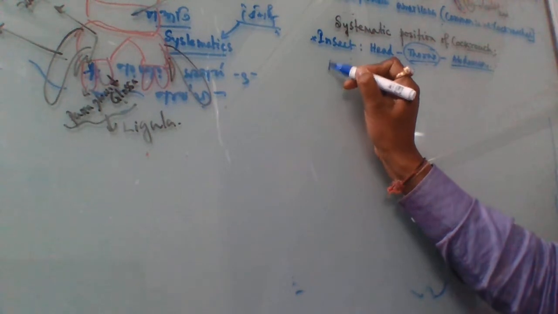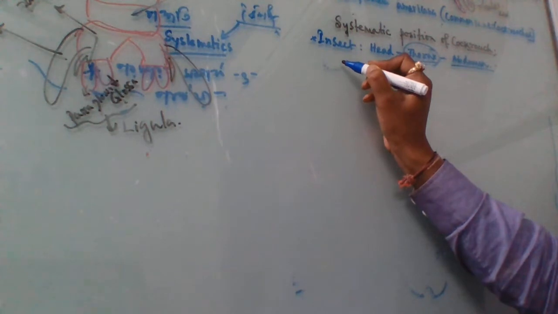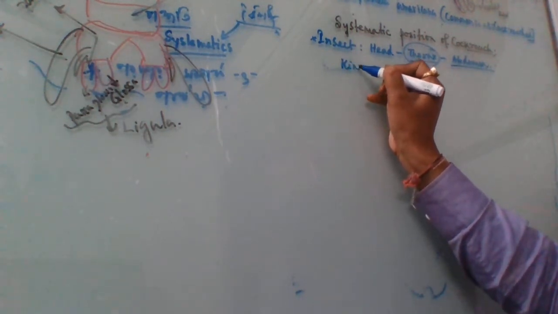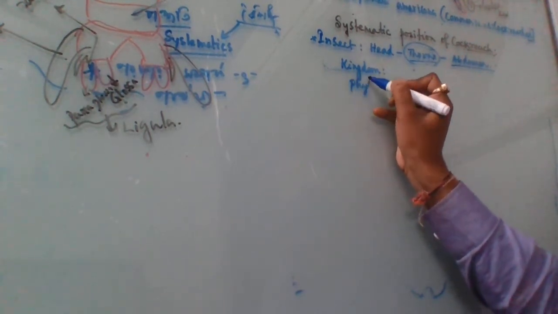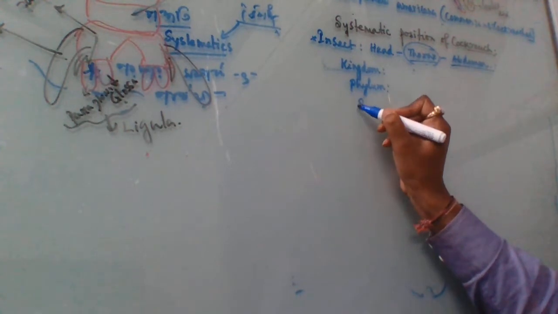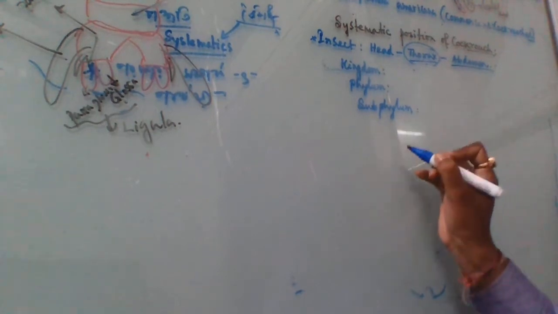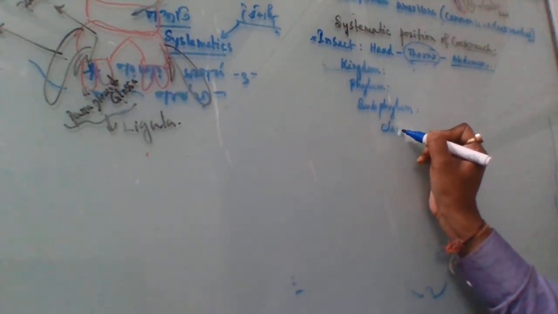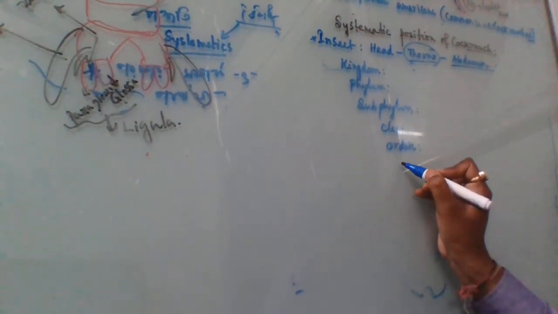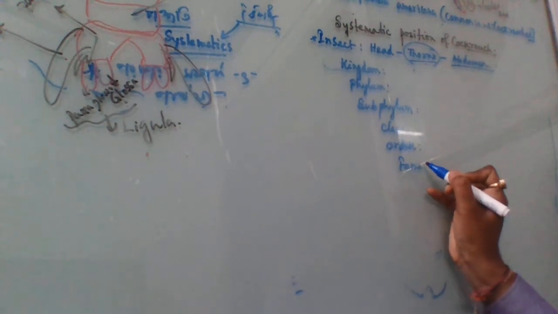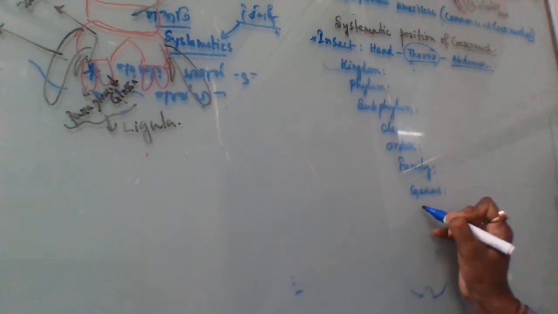Now you see this hierarchy. Suppose this linear hierarchy: kingdom, then phylum, then subphylum, then class, then order, then family, genus, species.